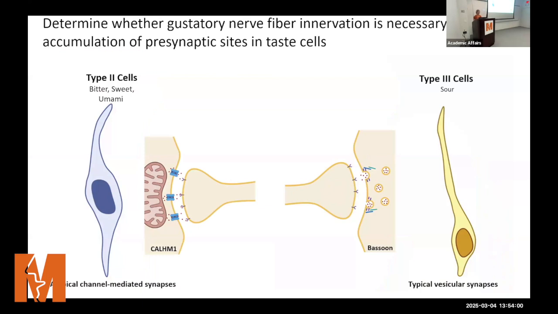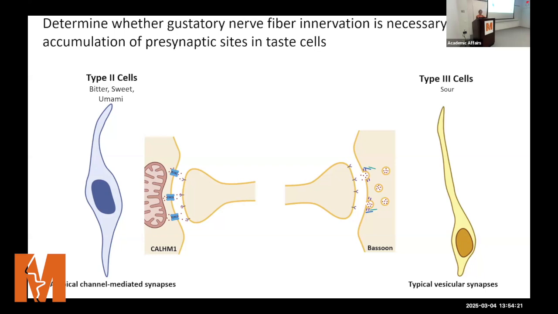Some of these, as you might know, are the CalHM1 protein, which is expressed at presynaptic sites within the type 2 cells, and bassoon, which is the presynaptic marker for type 3 cells. So we have two different synaptic markers, CalHM1 and bassoon.